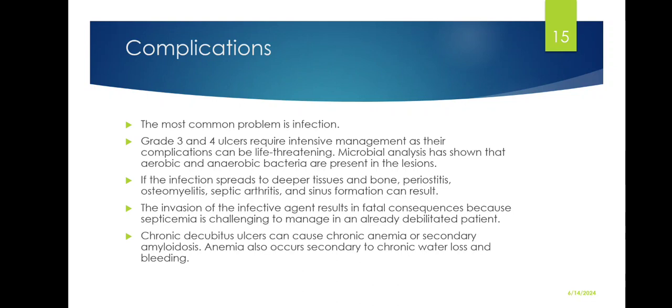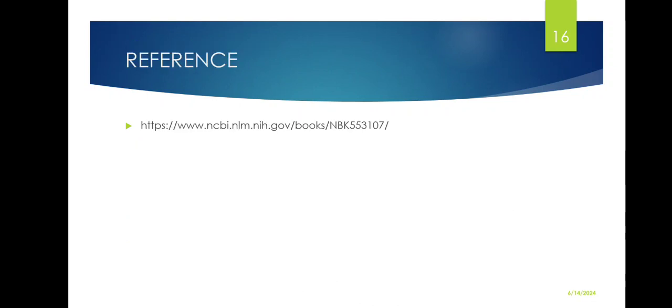The invasion of the infective agent results in fatal consequences because septicemia is challenging to manage in an already debilitated patient. Chronic decubitus ulcers can cause chronic anemia or secondary amyloidosis. Anemia can also occur secondary to chronic water loss and bleeding.